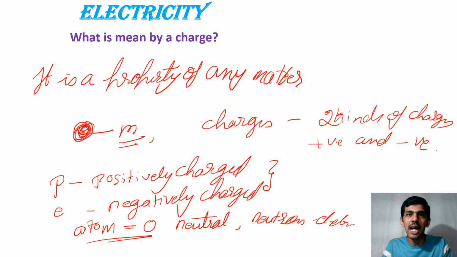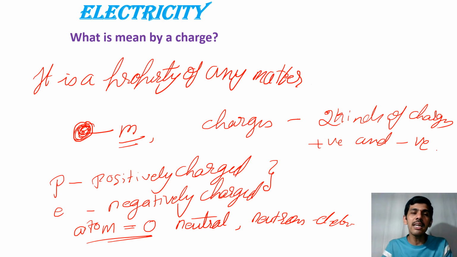This charge might be positive, negative, or neutral. There are mainly two kinds of charges. If there is no charge at all, then we call such a body electrically neutral. It does not have any charge. I hope you have understood the concept of what a charge is.